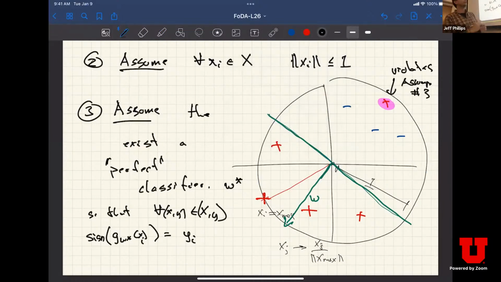So how strong is this assumption, that I have to assume the data is going to be linearly classified so that I can do this with no error? If I'm in two dimensions, this is probably a pretty strong assumption.